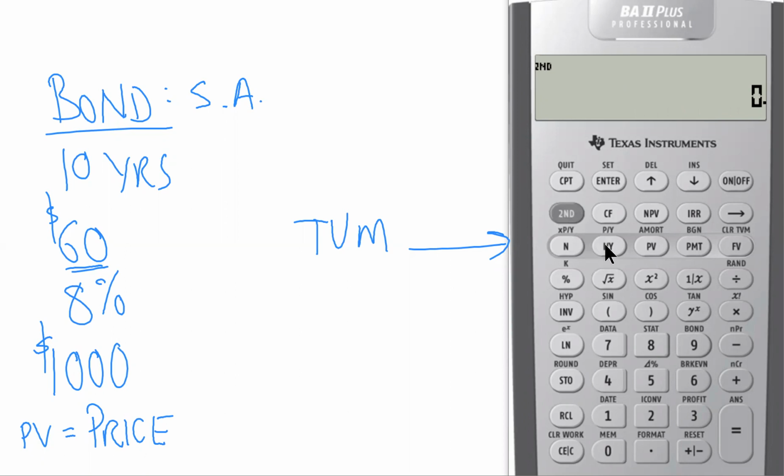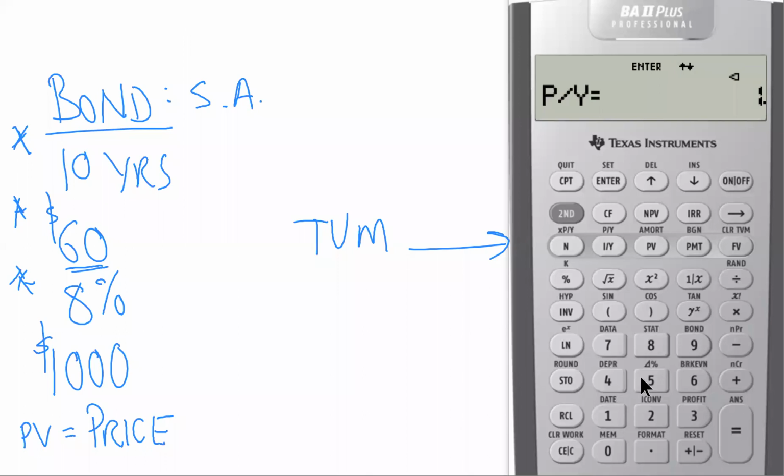Push the second function and IY. Okay, so our calculator is set to 1 payment per year. If you want to change that, I think you're getting into dangerous territory. Leave it at 1 payment per year, and then come over to our numbers, and we will make adjustments over here. This is what I would recommend that you do to handle these questions.